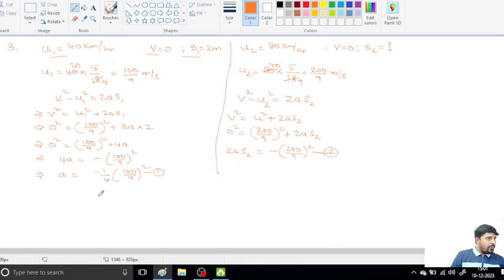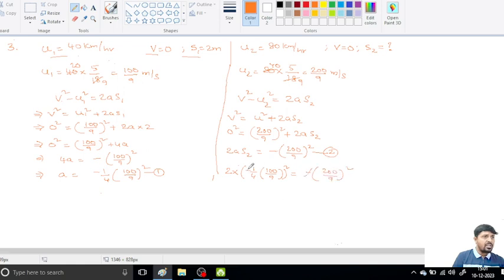Now 2as2, in the place of this a we are going to put the value here. So we'll simplify it. Here 2 into, in the place of a we are writing minus 1 over 4 times 100 by 9 whole square, equals minus of 200 by 9 whole square.